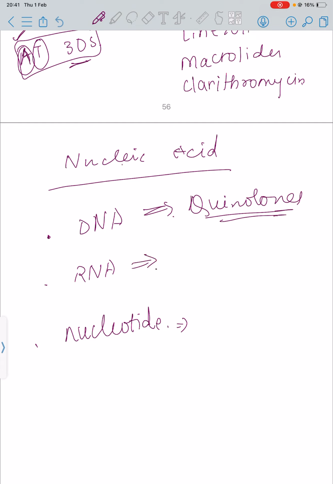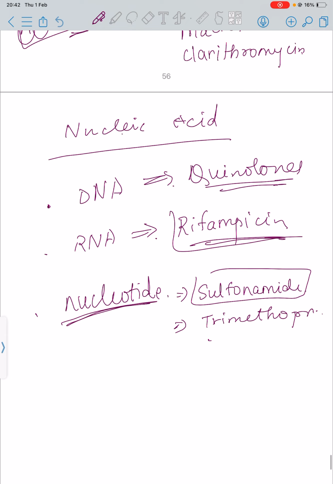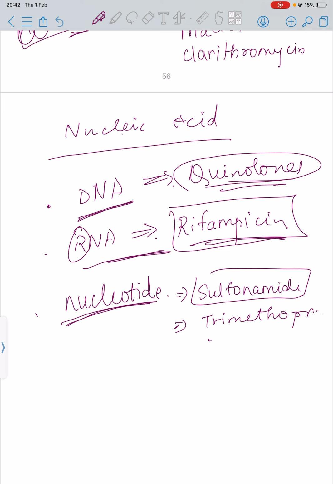RNA synthesis inhibitors basically include rifampicin. Nucleotide synthesis inhibitors basically include sulfonamide, trimethoprim. So sulfonamide for nucleotide, rifampicin, R for RNA inhibitors, and quinolones for DNA inhibitors.